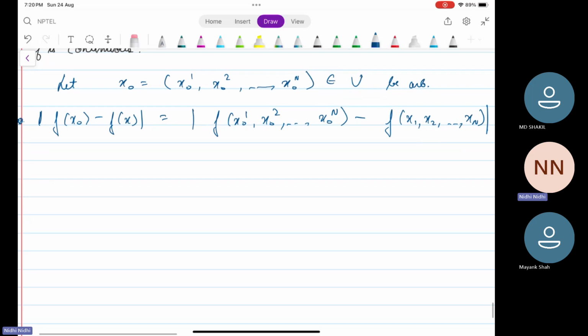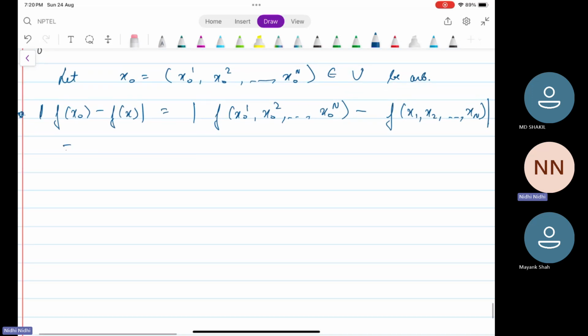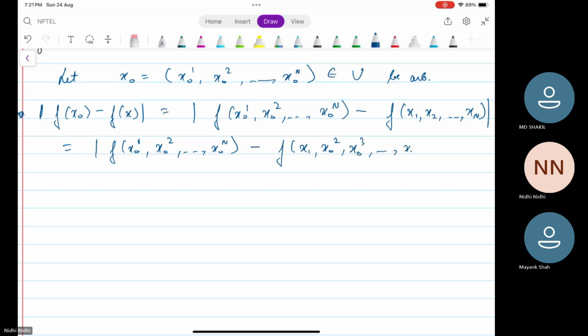So I can write it to be equal to f of (x naught 1, x naught 2, x naught n) minus, I'll just replace the first term by x1, the rest of the terms will be the same. Then adding the same term.